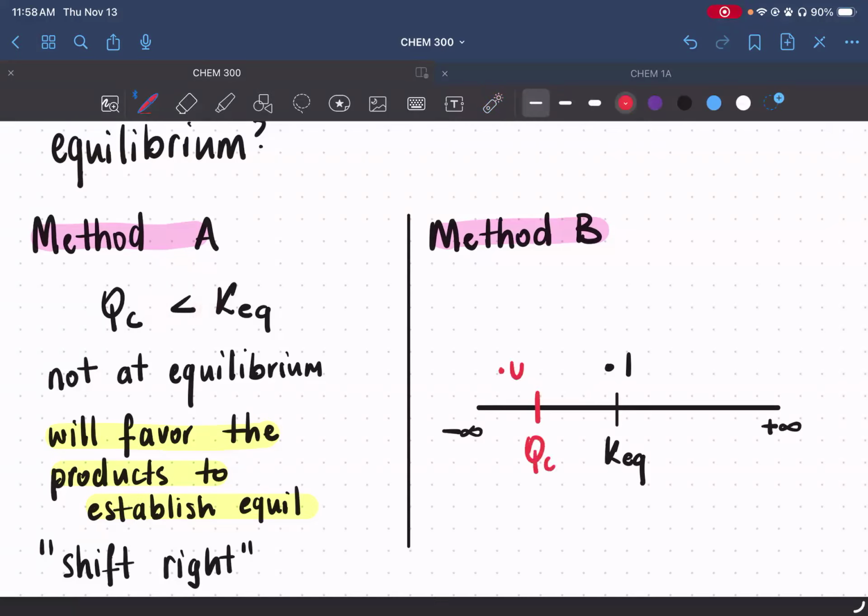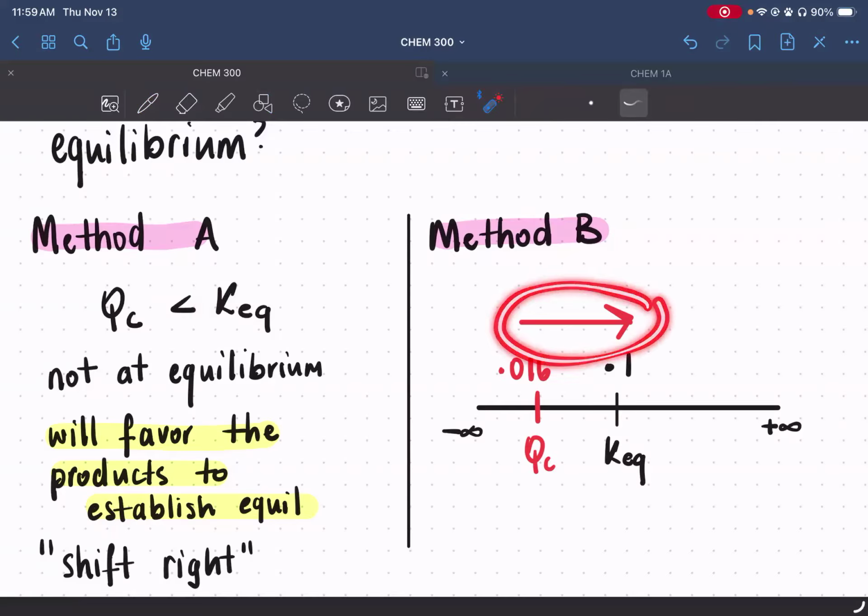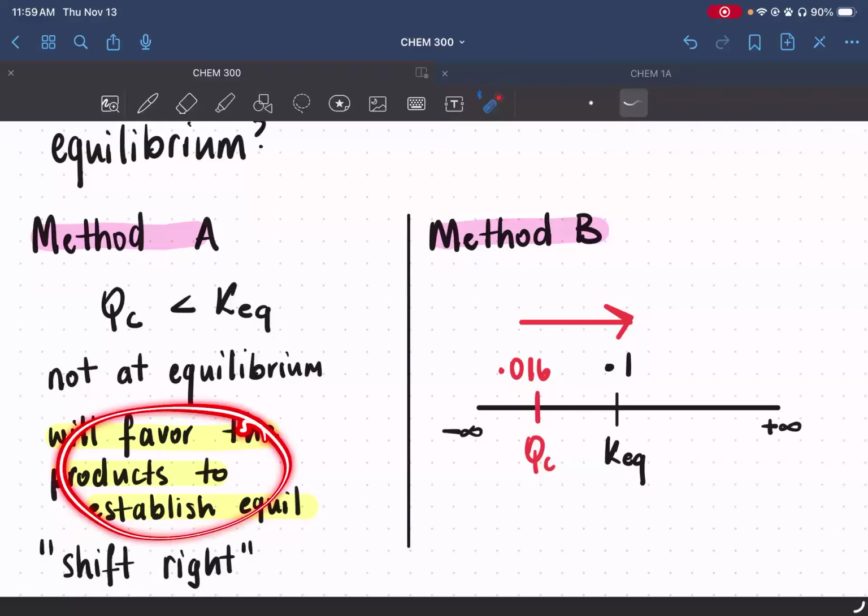Qc, 0.016. The reason I like this is because it shows me visually that to get to Keq, I have to shift to the right. You can either write the sentence, you can write the phrase, or you can just draw the arrow. All three of these tell me the same thing. To establish equilibrium, we're going to favor the right-hand side, the product side.